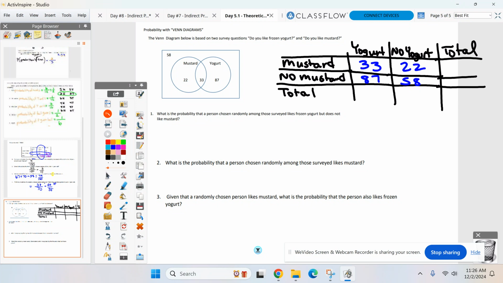And this is what's great about doing a table. When you do your totals, both totals should be the same. No matter whether you do a column or the total row, it should be the same number at the end.